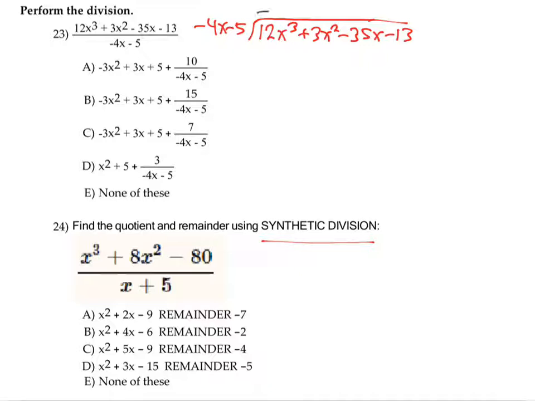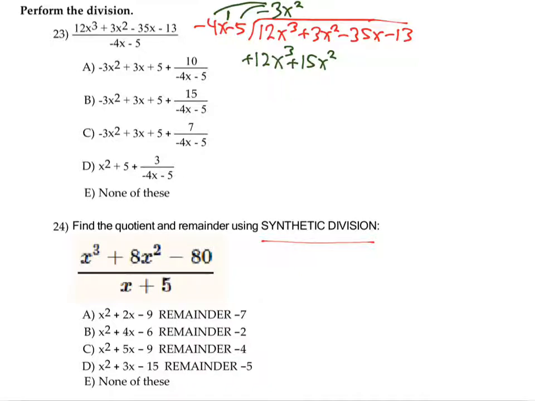So it's going to be −3x². Remember, out front numbers multiply, powers add. So −3 times −4 is +12. The x¹ and the x² add to be x³. And then it also goes there. −3x² times −5 is +15x².